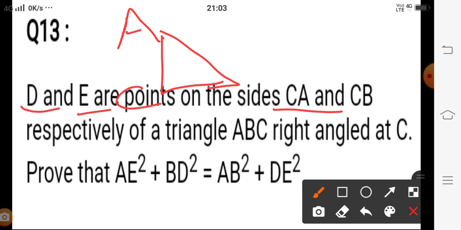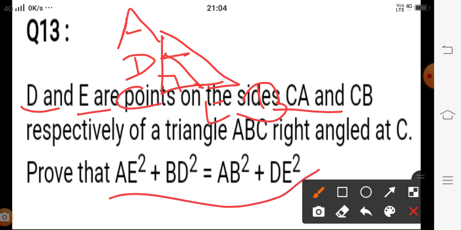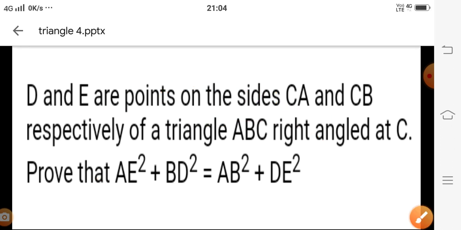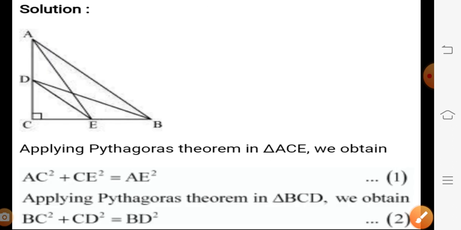Since the right angle is at C, we get the required triangle as ACB, and D and E are the points on the sides CA and CB. We have to prove AE square plus BD square is equal to AB square plus DE square. Then let us solve this.